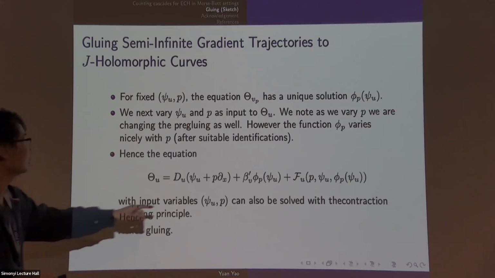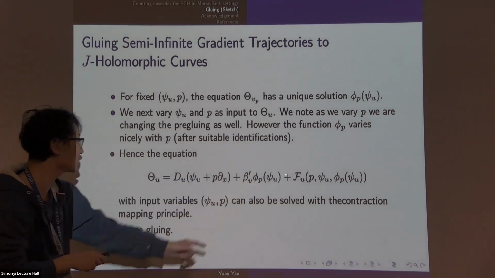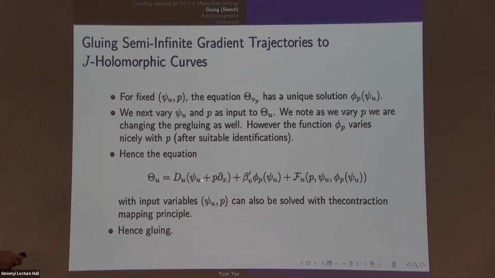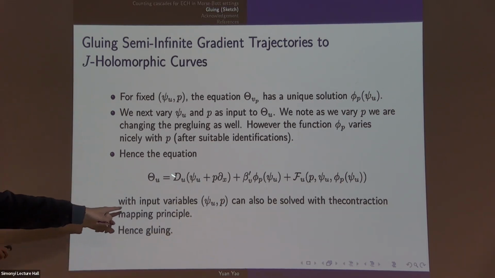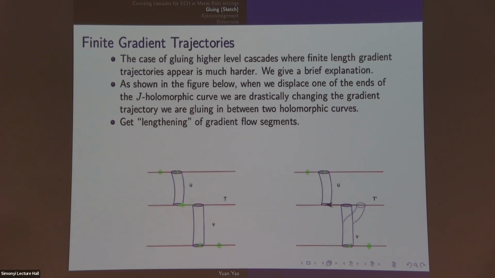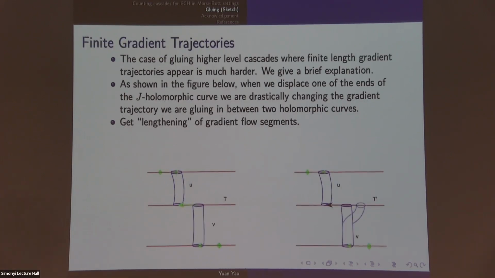So this function depends on P and psi U in a nice fashion, and you can consider these as your input variables and apply the contraction mapping principle to this equation. And therefore, there is a gluing. Are there questions?